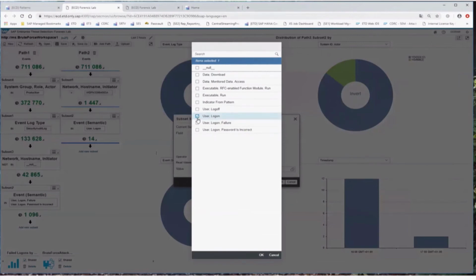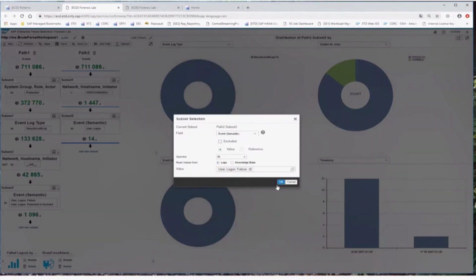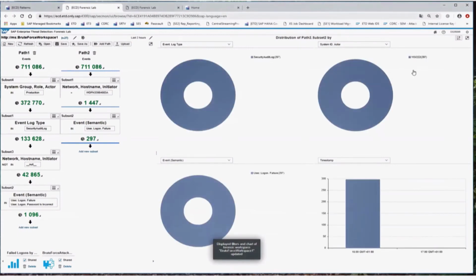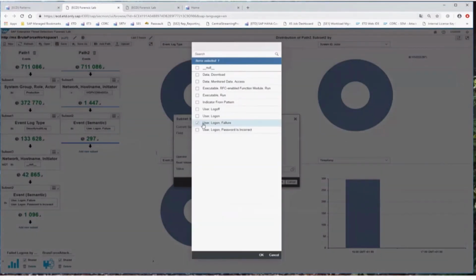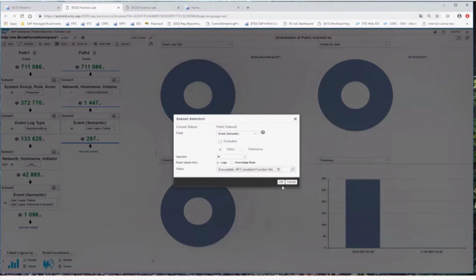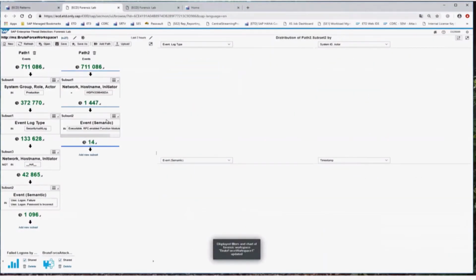We want to look now at where those user logon failures were. And you see that there were 297 of those against the Y13-222 system. So we can look a little further to see if he was able to look at any data. We're going to see if he was able to look at the data through an RFC connection.